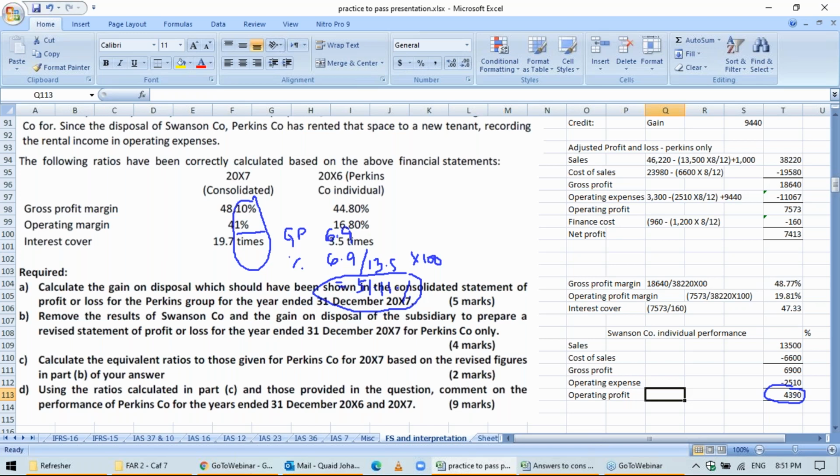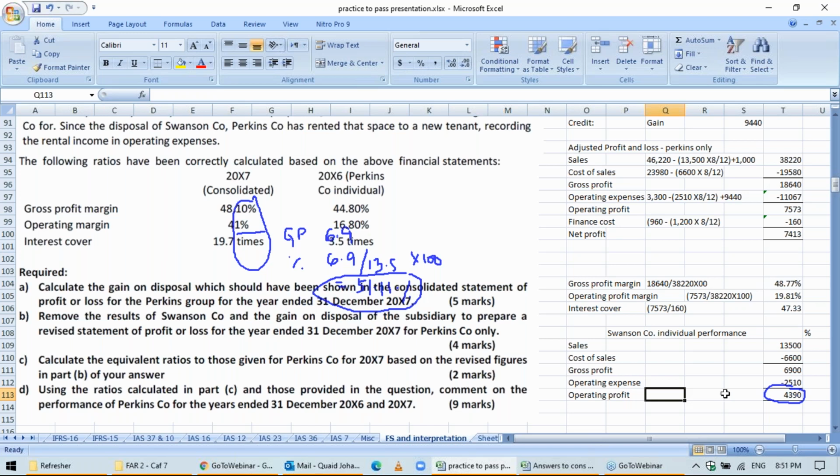Obviously you can compare the single with the consolidated, saying that after purchasing a subsidiary company, the performance improved in the consolidated figures. But you also have to compare the subsidiary company's individual performance and Perkins' individual performance, because both companies should perform well. So both individual performances should be compared, and the individual and consolidated should also be compared. I will show you how.